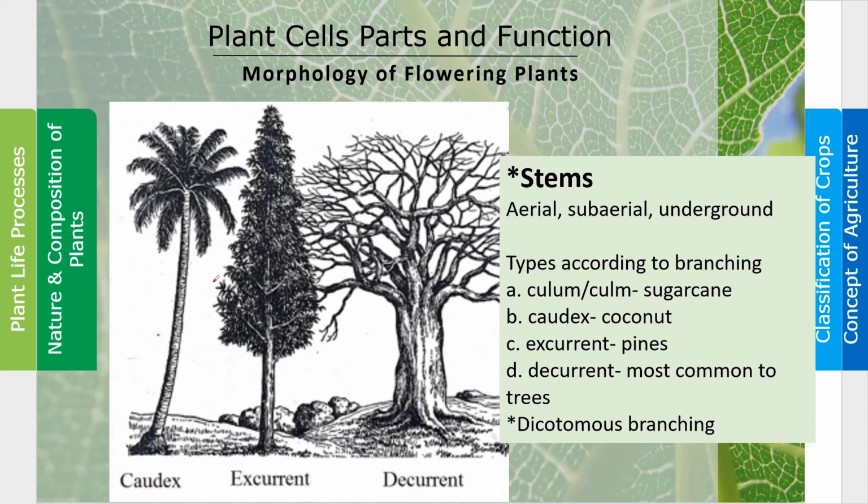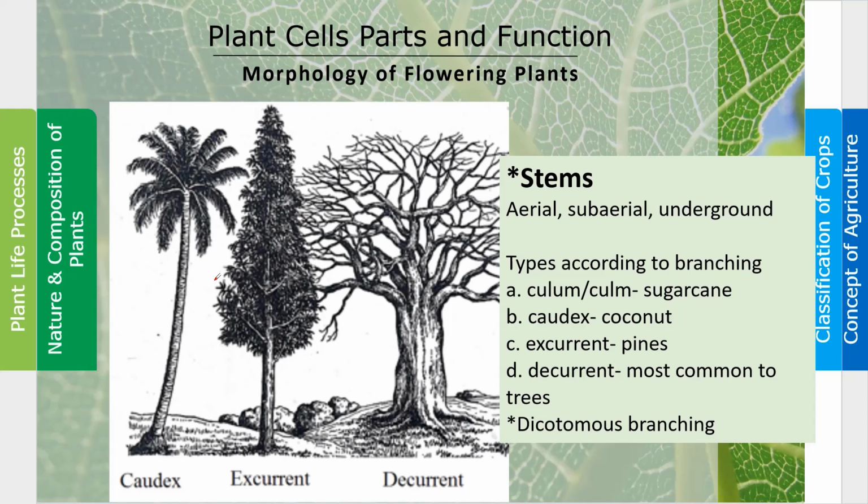Okay? So stems can be found aerial or above ground. Subaerial if doon siya sa surface mismo ng ground, that's subaerial, and then underground, of course, that's below the ground. Okay? So stems, we can classify stems according to their branching.